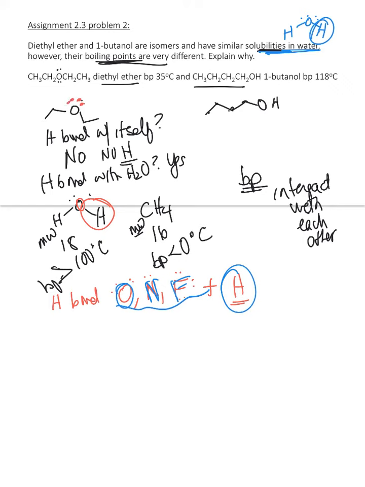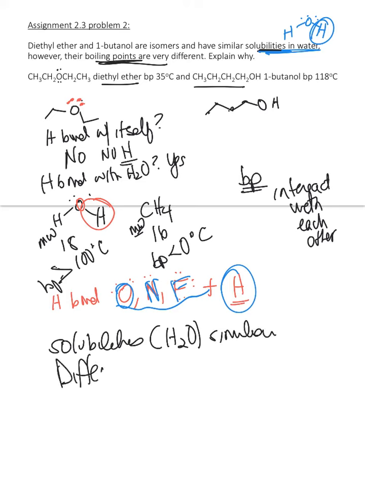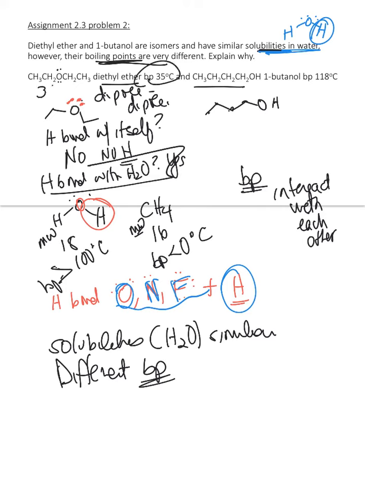So the solubilities in water will be similar for the two compounds. What's going to be really different is the boiling points, because this has dipole-dipole interaction, but it does not have hydrogen bonding. So the boiling point is 35 degrees.